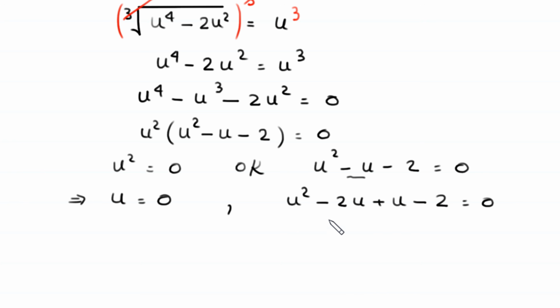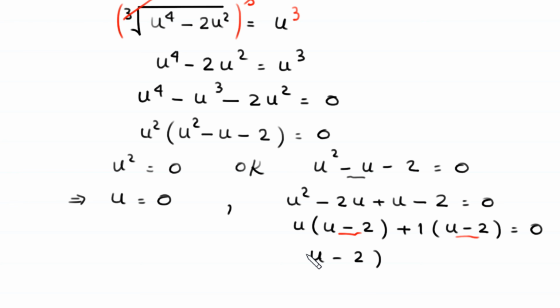From these two terms we can factor out u, in bracket left u minus 2, and from these two terms we can factor out plus 1, in bracket left u minus 2 equal to 0. Now this u minus 2 is a common factor, so we factor out this u minus 2, and in bracket left u plus 1 equal to 0.